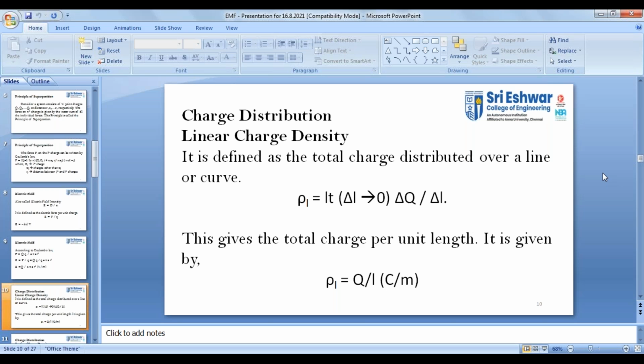So if I go to linear charge density, how can it be defined? It is defined as the total charge distributed over a line or curve. Very simple.